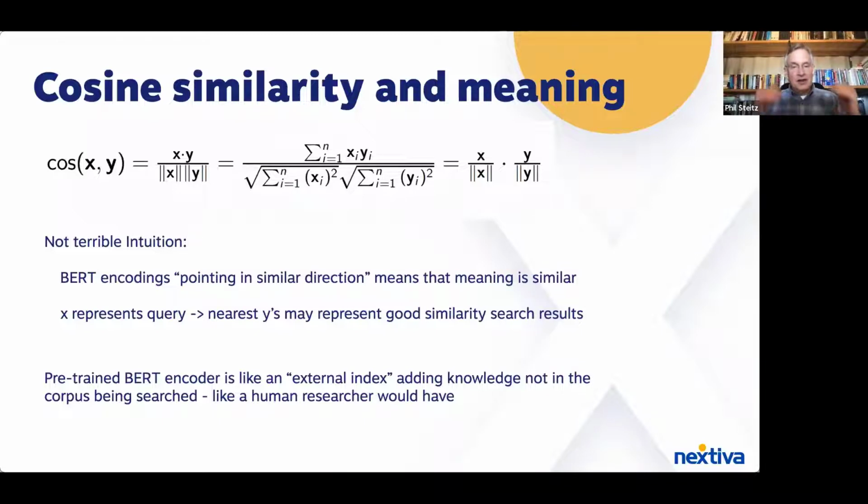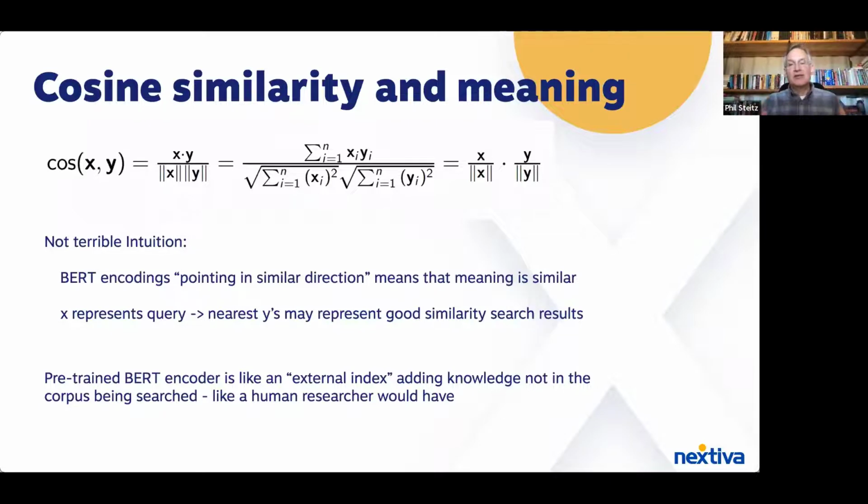And suppose that X is a query, and we find the nearest neighbors to that query under cosine similarity with BERT encodings. You might get decent search results that way. If you use a pre-trained BERT encoder that's been trained on a very large amount of text, what's actually going on is you are adding that additional contextual knowledge, like I described the human would bring to the problem.